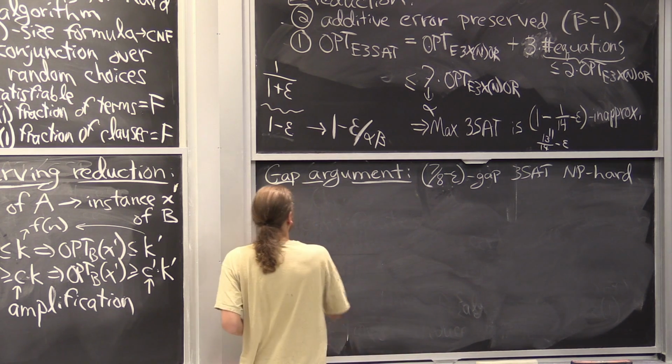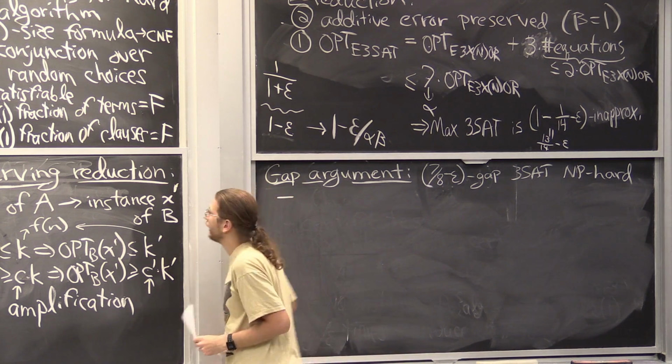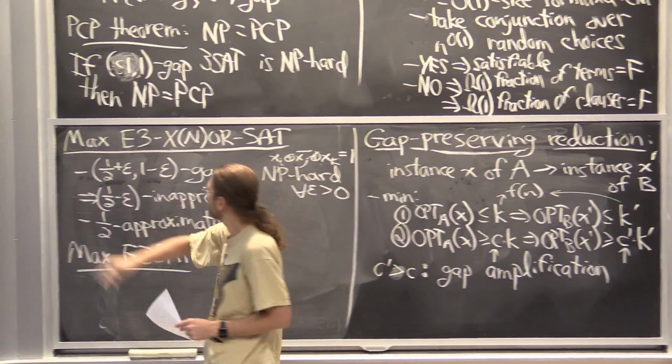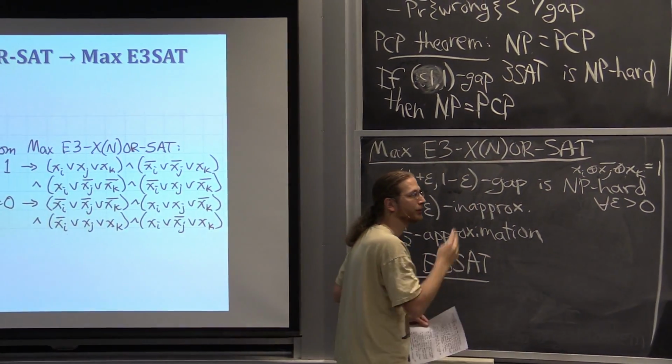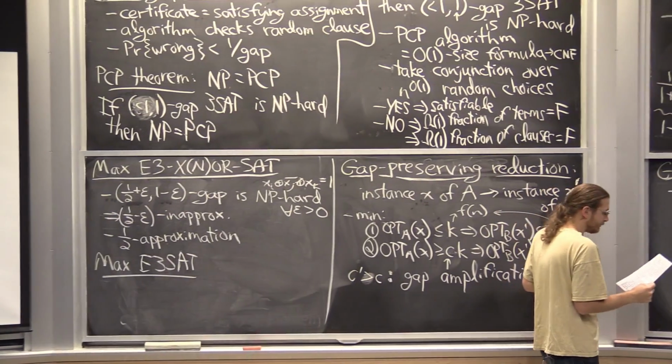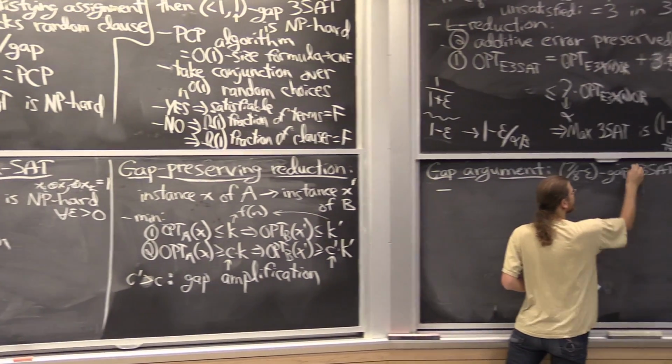So the proof is by a gap-preserving reduction, namely that reduction from max E3 XOR-SAT to max 3-SAT, E3-SAT, I should say.